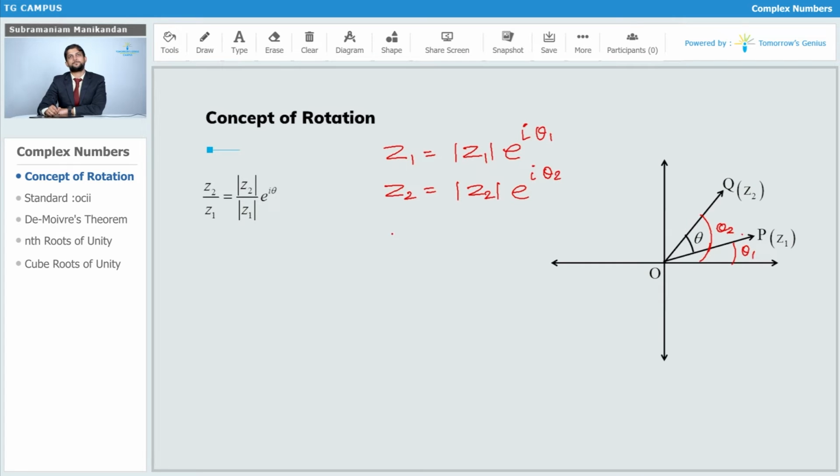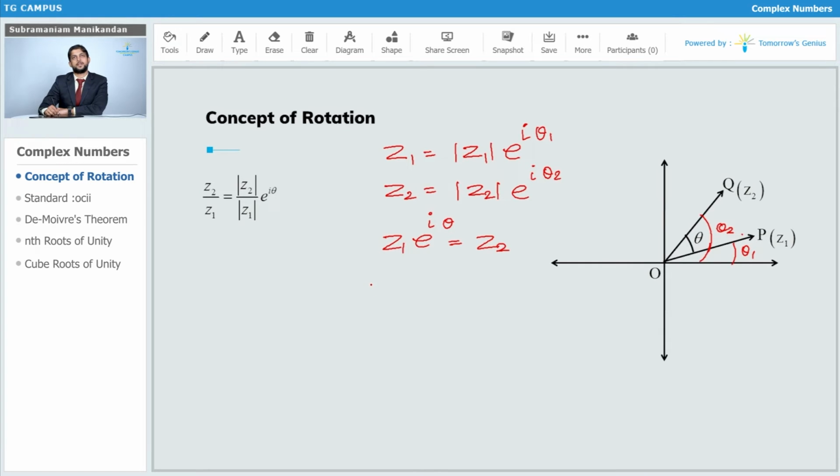So therefore, if I am multiplying z1 with e to the power of i times theta, where theta is the difference between the two angles, what am I getting? I'm getting the complex number z2. How?